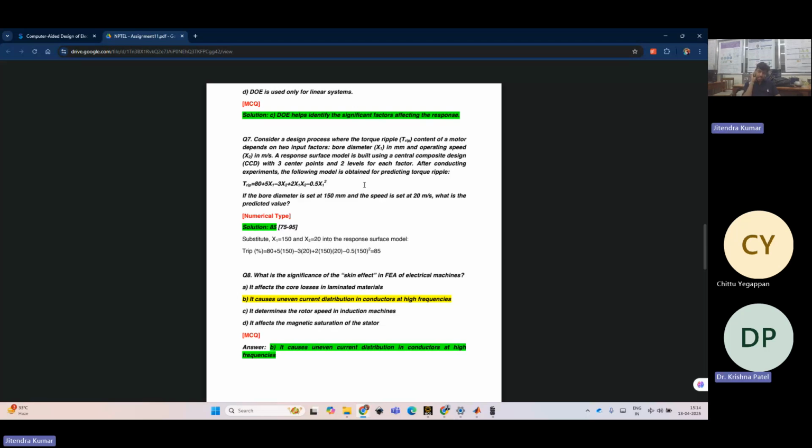In the last session, we went through this question. The first time I also solved it with x1 in terms of meters. But later we observed that in the question, x1 is provided in millimeters, and we decided to move ahead with that, because generally such designs and equations are based on mm.